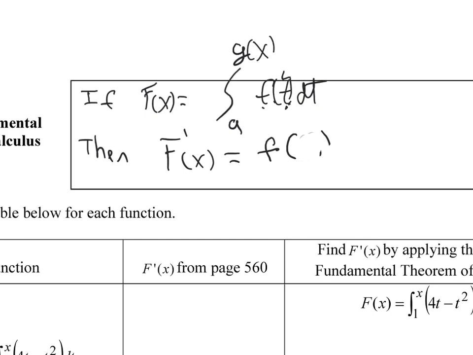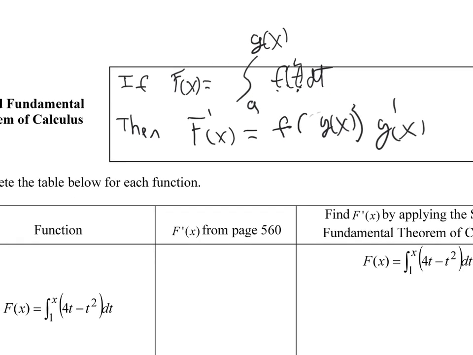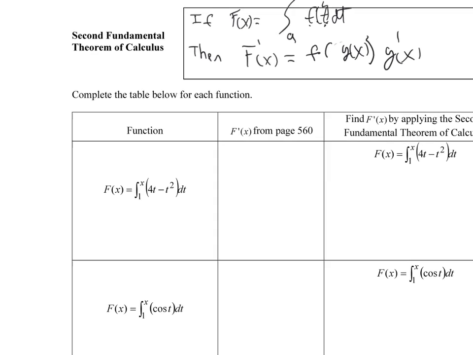May as well. It's going to be f of g of x. That way you get your composite functions that we've had before, times g prime of x. I like this better. This looks a lot better.